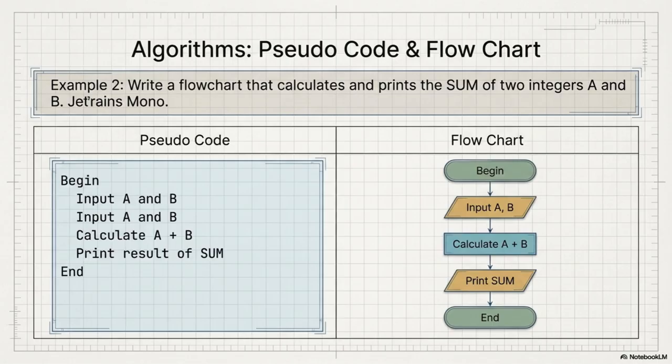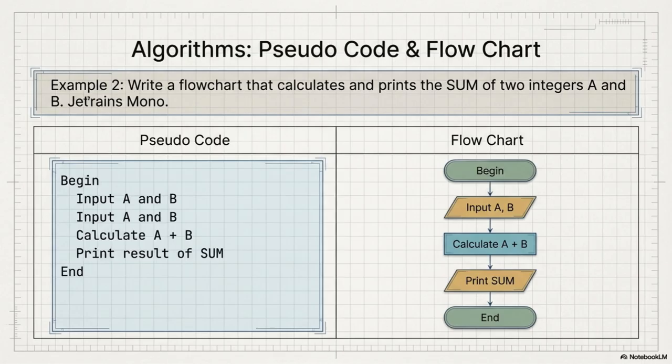And then if we want to calculate the sum of two integers a and b, okay, but just ignore this one. Okay, you will begin by, in a pseudocode you put input a and b in a parallelogram in a visual flowchart, and then you calculate a plus b.